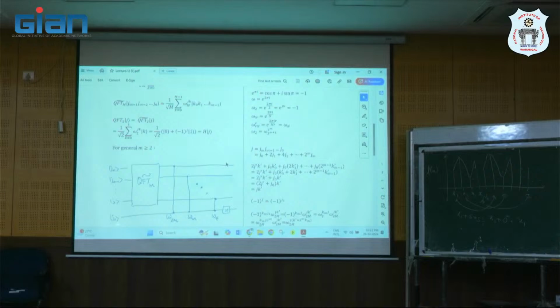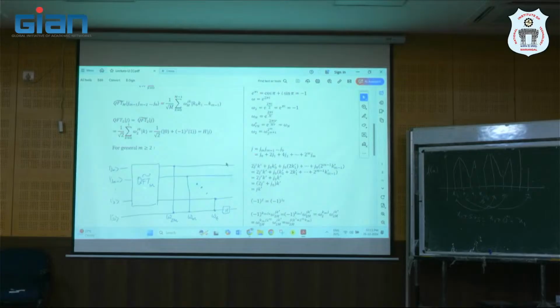Now the way we are going to construct QFT, look, this is 0 to m, so this is m plus 1 bits, correct? We will first assume that we have already QFT tilde m for m bits.